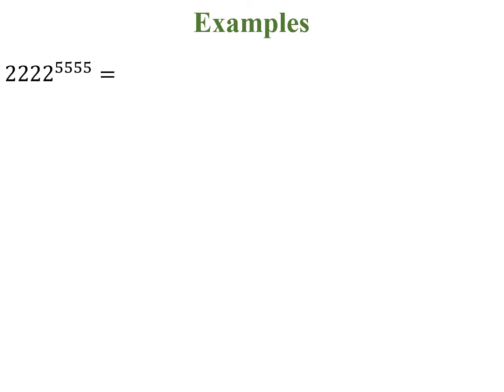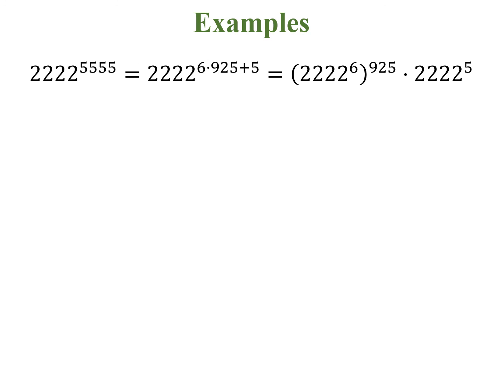2222 raised to 5555 is equal to 2222 raised to 6 into 925 plus 5. Now, this can be written as 2222 raised to 6 raised to 925 into 2222 raised to 5, since a raised to m plus n is equal to a raised to m into a raised to n.